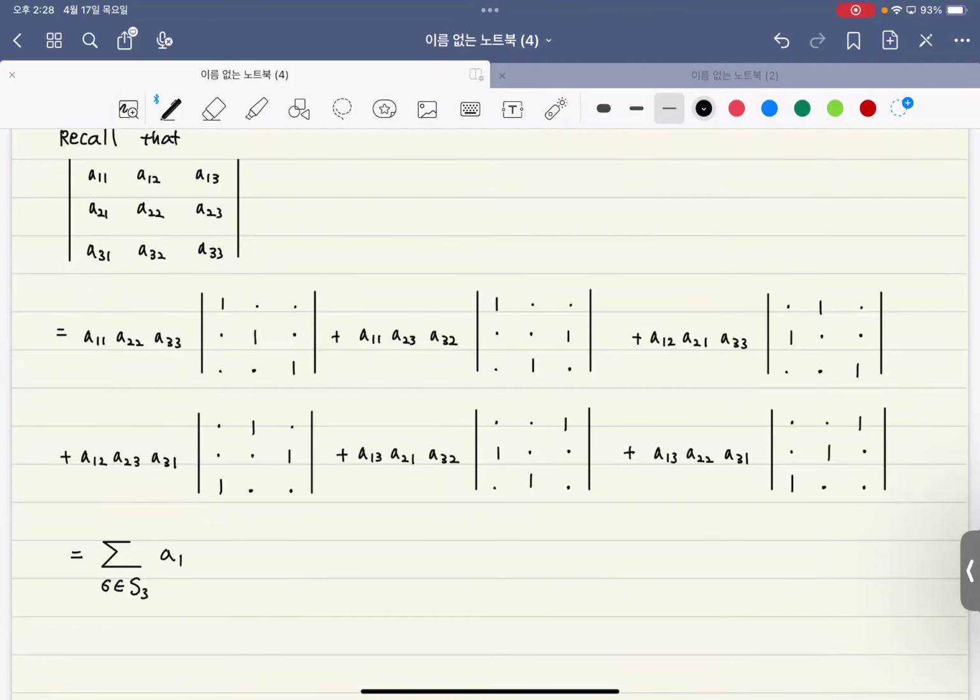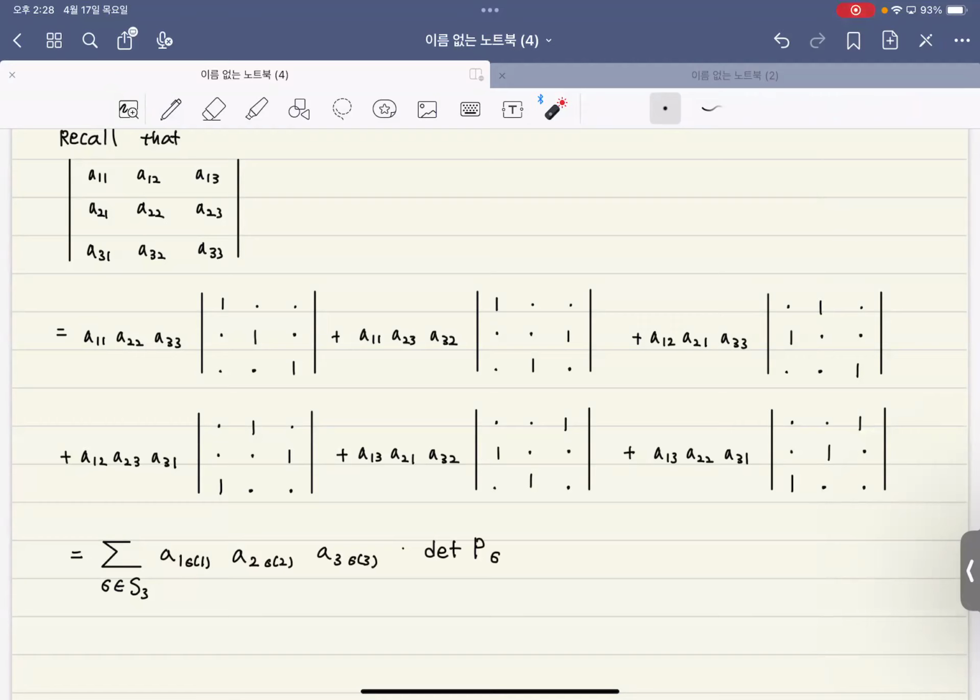So A1 sigma of 1, A2 sigma of 2, A3 sigma of 3, times determinant of P sigma. Yeah. Well, you must be wondering, why am I writing this?